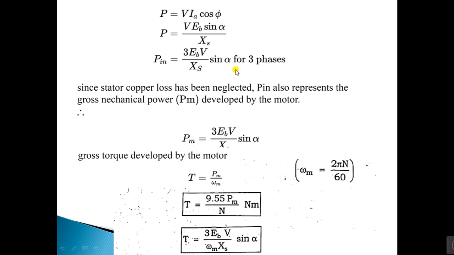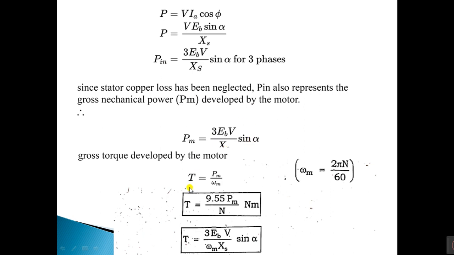If we use it for three phases, we need to multiply by 3. So Pin equals 3 EB V by XS sin alpha. Since stator copper loss has been neglected, the input power Pin also represents the gross mechanical power Pm developed by the motor. So Pm is 3 EB V by XS sin alpha.